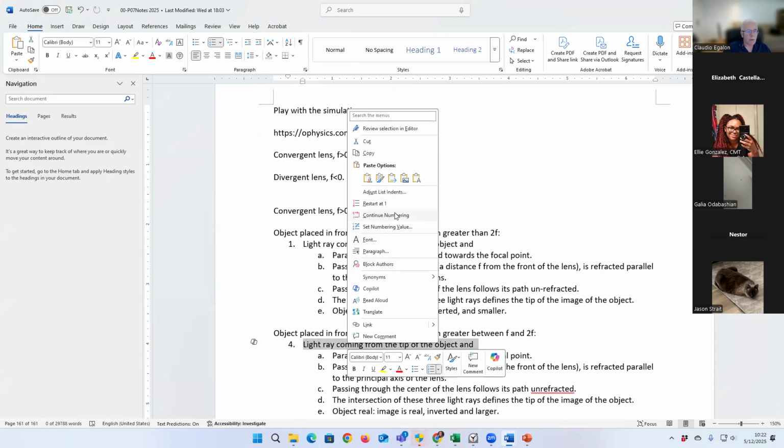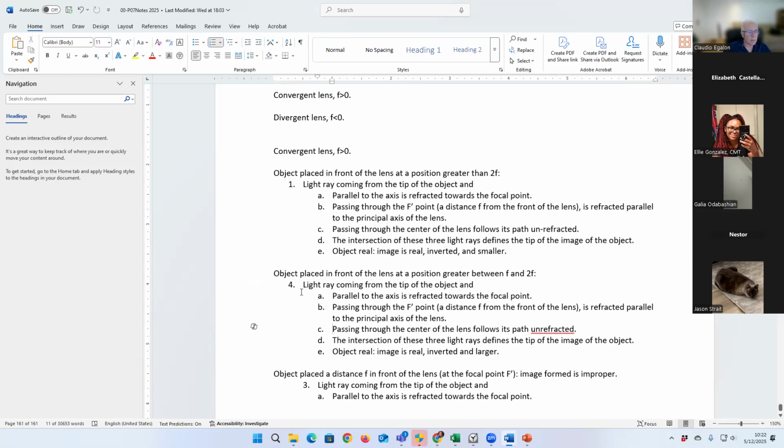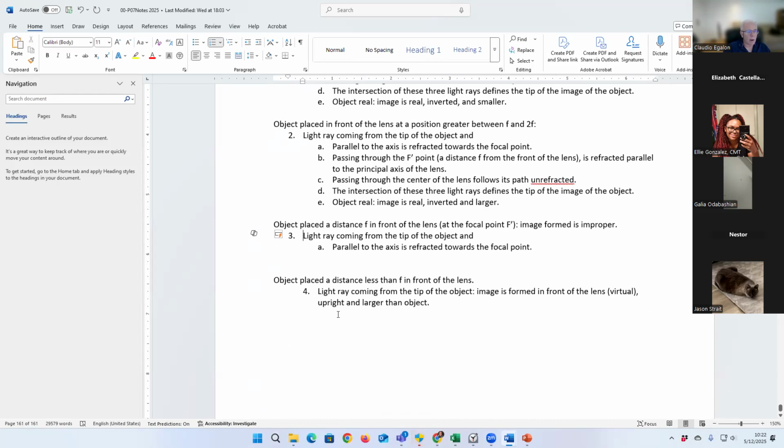Well, that's a shame. It is number 4 here. It's supposed to be number 2. Yeah, here you go. And now this one is supposed to be number 3. Yeah, sometimes this numbering doesn't work well in Word. I do not know why. And then let's fix this one too.